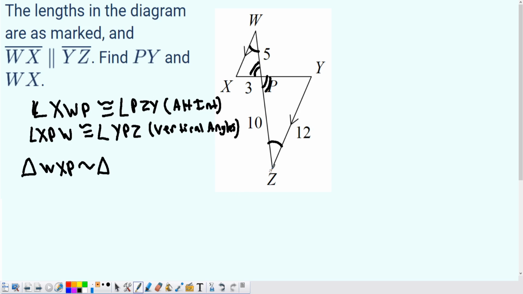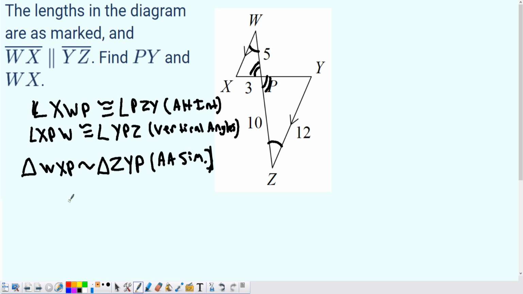We're going to start at the marked angle, Z, then go to the unmarked angle, Y, and then the twice marked angle, P. And that will give us angle-angle similarity in our appropriate congruent statement in the proper order of letters.